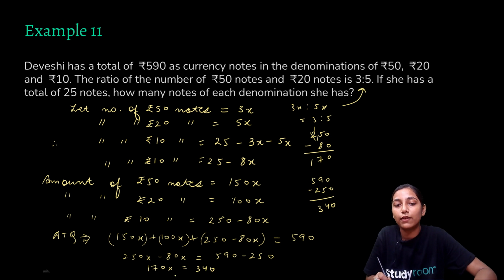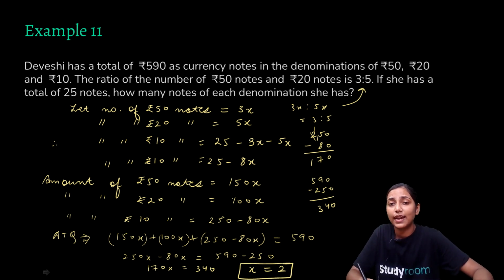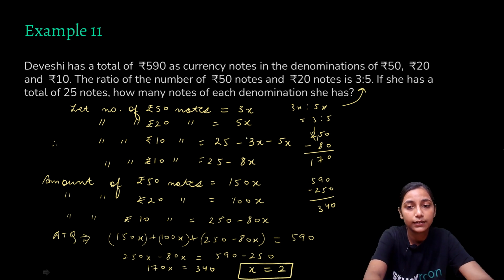When you solve 170x equals 340, you divide 340 by 170 and you will find that x equals 2. What was our x? x was nothing, just a variable. At last, what do we have to find?